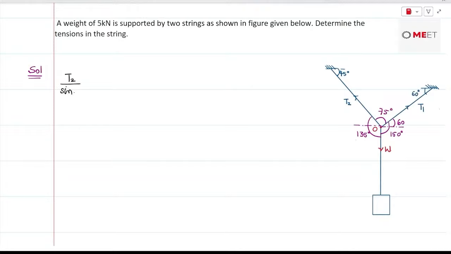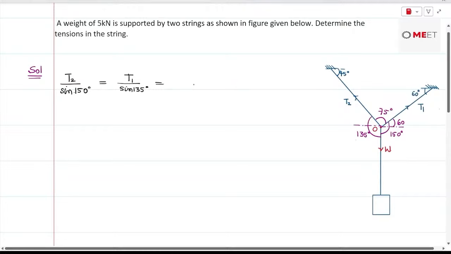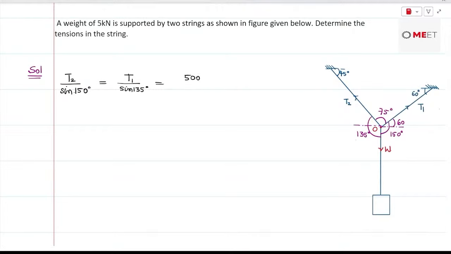Now if we apply Lami's theorem, T2 should be divided by the sine of the angle which is opposite to T2, that is 150. T2 by sine 150 is equal to T1 by sine 135, and the weight is 100 newtons, sorry, it is 5 kilonewtons, that is 5000 newtons, divided by sine 75. So T1 will be equal to 5000 into sine 135 divided by sine 75.